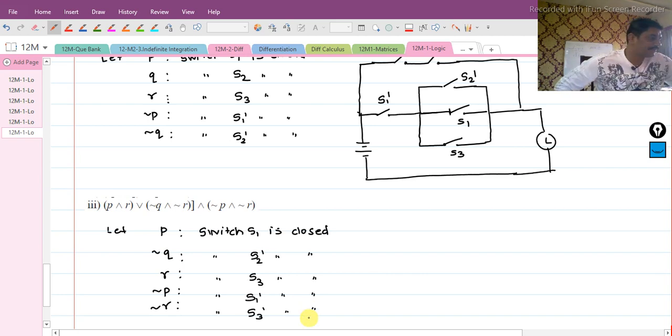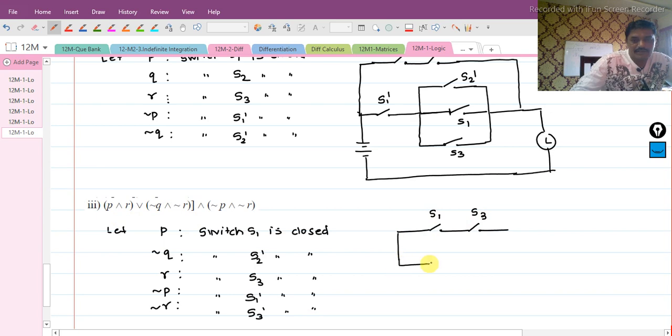बस अब क्या है? Just have to put it. ये दोनों सीरीज में है P and R. So let me say this is S1 and S3. फिर ये पैरेलल है नेगेशन Q और नेगेशन R के साथ. नेगेशन Q मतलब S2 dash, negation R मतलब S3 dash.